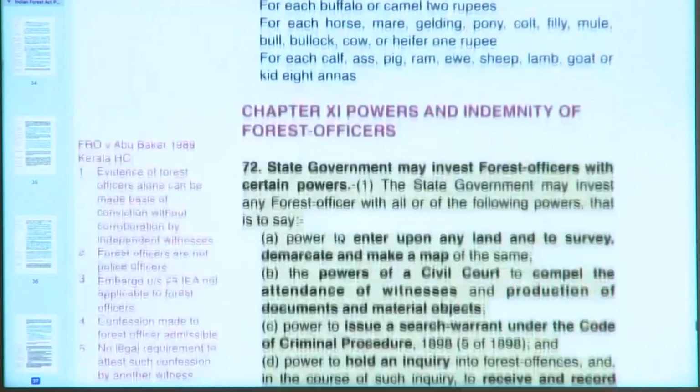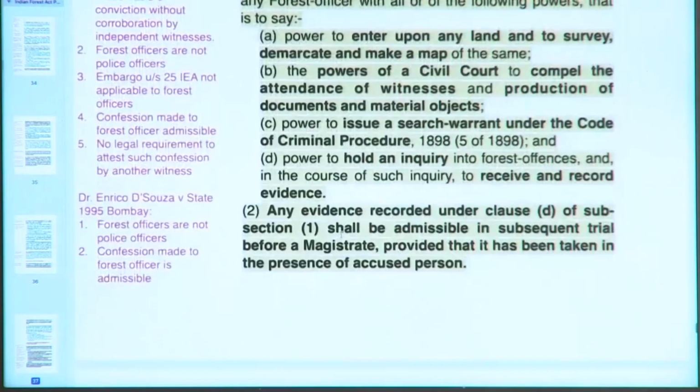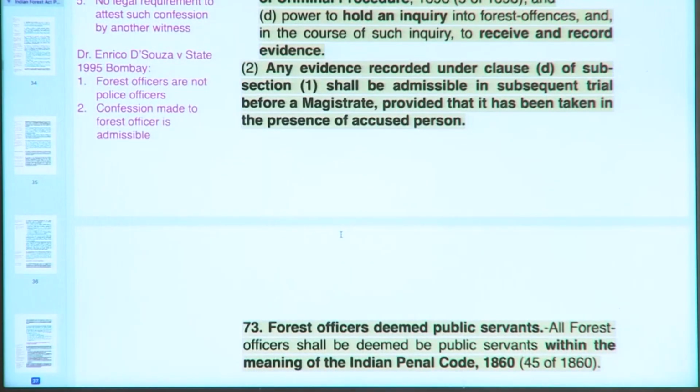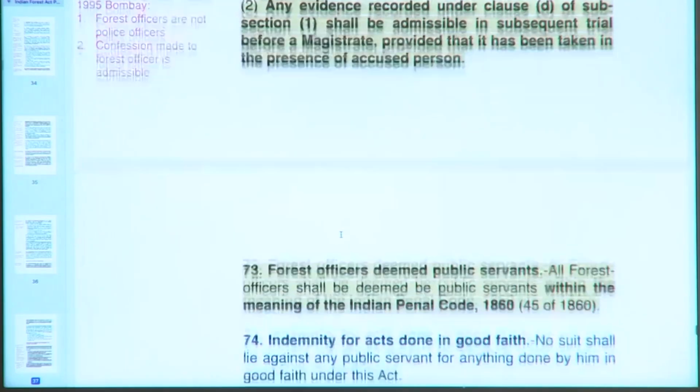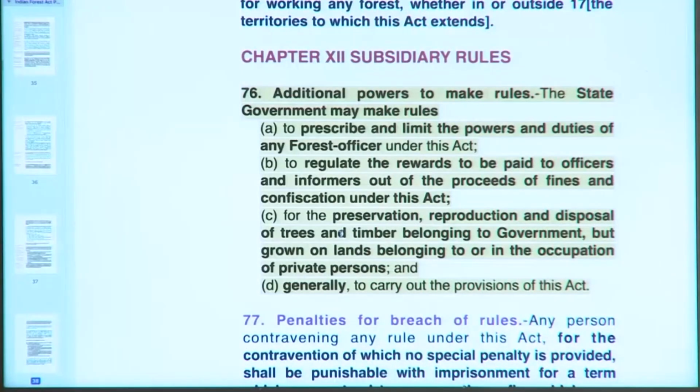The Cattle Trespass Act still applies, and the government may invest forest officers with certain powers, such as power to enter upon any land, survey any land, demarcate any land, make a map of any land, powers of a civil court, to compel the attendance of witnesses, production of documents and material objects, power to issue a search warrant under CrPC, power to hold an inquiry, to receive and record evidence, and all such evidence shall be admissible in a subsequent trial before a magistrate, provided that it has been taken in the presence of the accused person. And the forest officers are deemed to be public servants, and the government also has the power to make additional rules. So, this is about the Indian Forest Act.